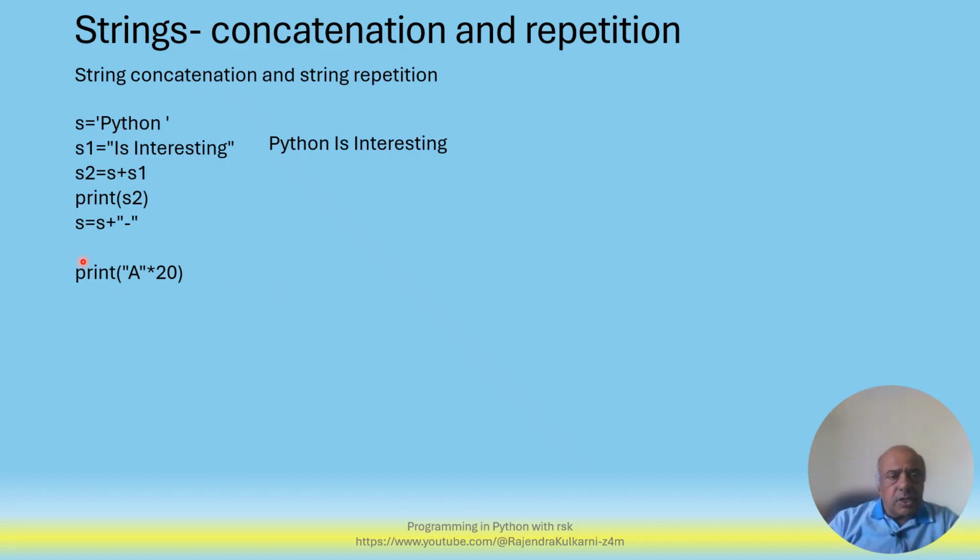Now here what we are doing is concatenating a single character as a string, which is underscore, to S. In Python, a single character is also a string.